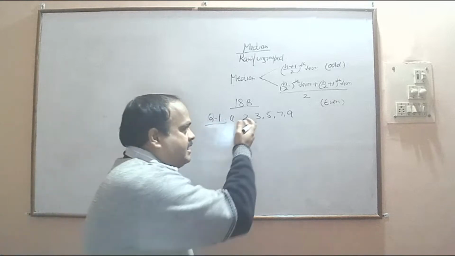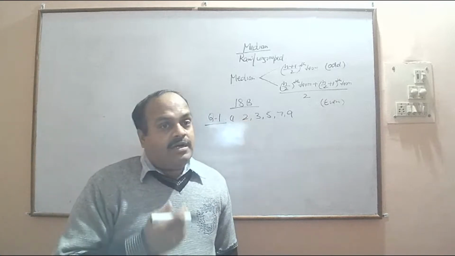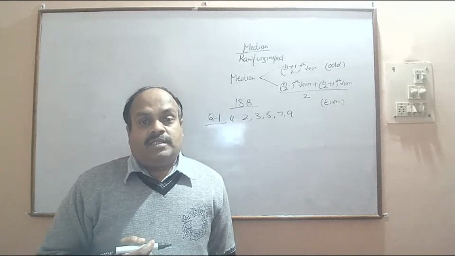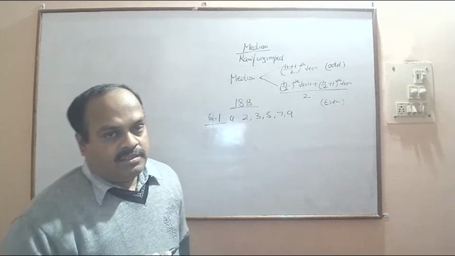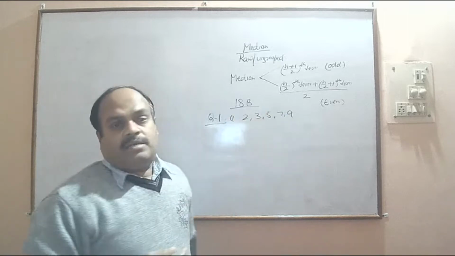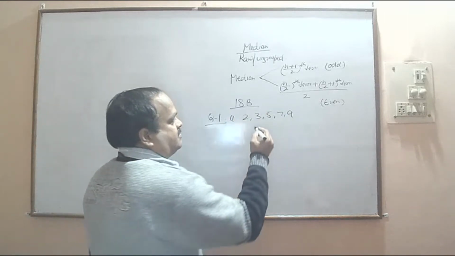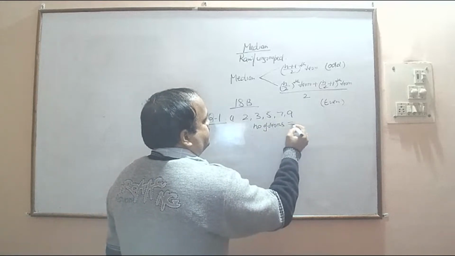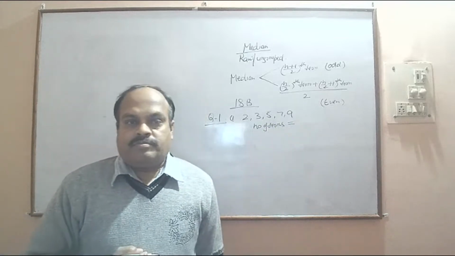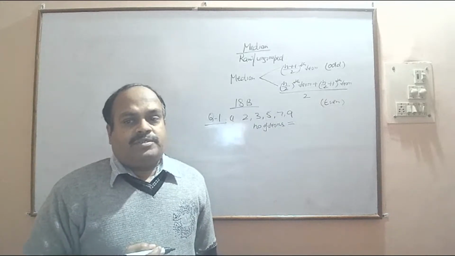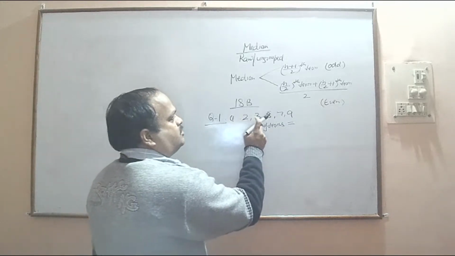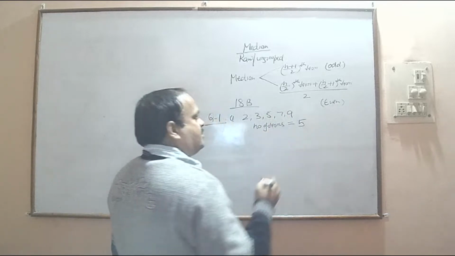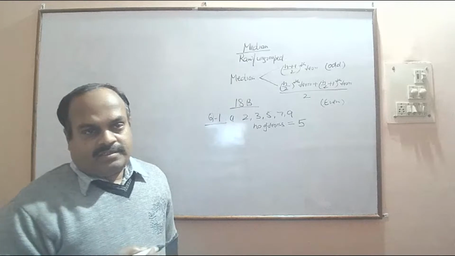You can see the observations are arranged. Now please count and tell me the number of terms. The number of terms: 1, 2, 3, 4, 5, which is an odd number.